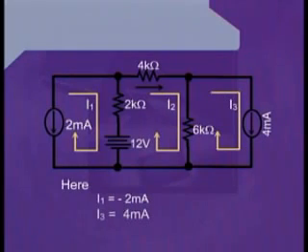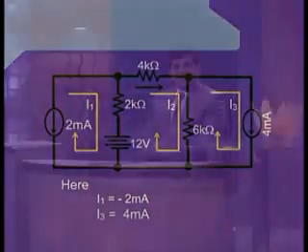First of all, we look for the mesh 1, and we can see that this mesh involves one independent current source, and that current source is having a value of 2 milliamperes. Therefore, very easily and conveniently, we can write I1 is equal to minus 2 milliamperes.